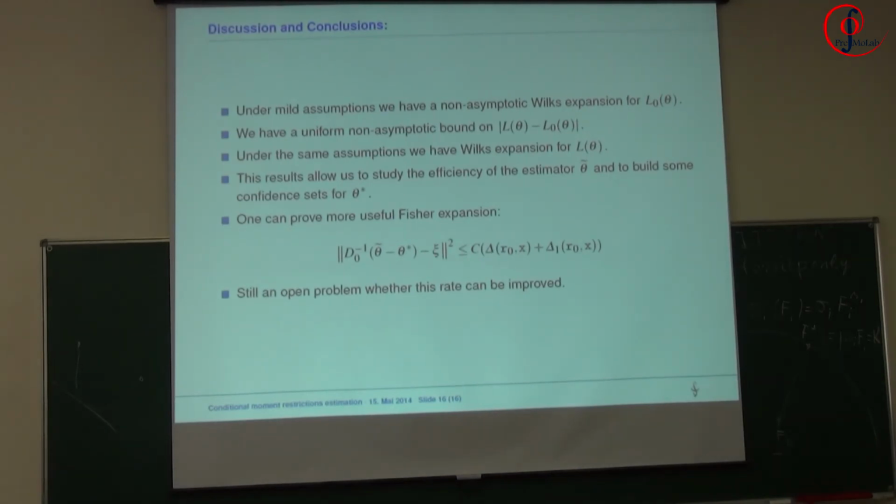What we are doing, we approximated this process by another one which is smooth. It's the L0 process. It is smooth in theta, and you can do the whole theory for this smooth process. You can also do Fisher for this smooth process, and Fisher means some expansion for the gradient. But you can approximate these two processes well, but you cannot approximate the gradient of the process well. Therefore it doesn't apply for the point of maximum, and for the point of maximum we have the same accuracy as the value of maximum, not better.